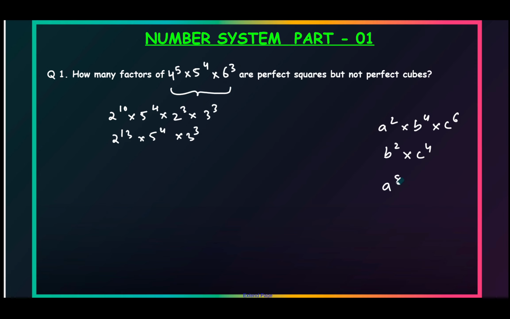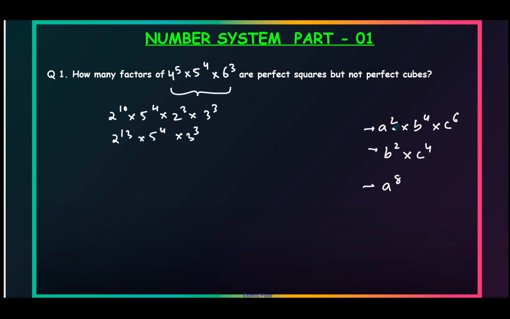All of these can be factors. To check if the factor is a perfect square, all you have to see is whether all the powers are divisible by 2. That means the factor is a perfect square. All of these powers are divisible by 2, so this is a perfect square. Same for this, same for this.